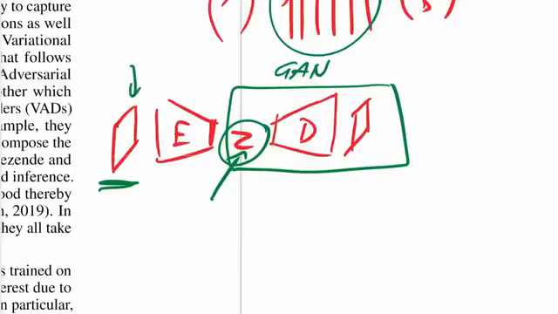And that can generalize. So now I can input a picture that the model has never seen during training, and the encoder will map it to a latent representation that sort of makes sense, that is able to reconstruct the image that I've put in.